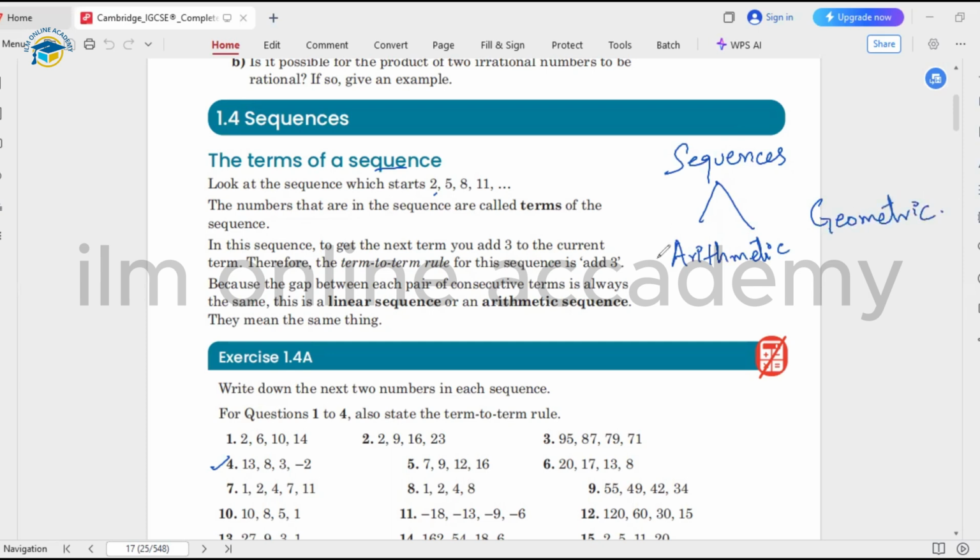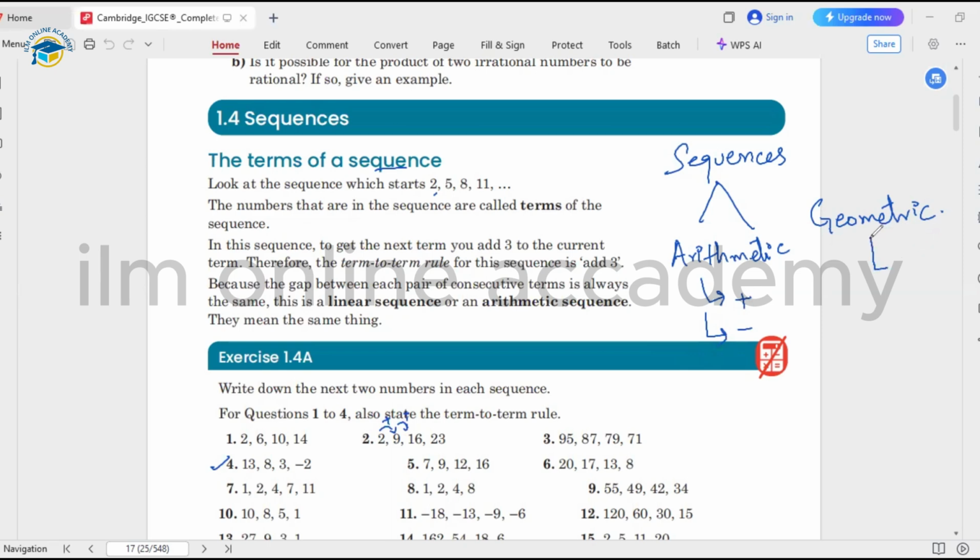The term arithmetic sequence is related to the addition and subtraction of numbers. So in an arithmetic sequence, you are going to add or subtract a common number each time. Like there will be a similar number that you add again and again or subtract again and again to get the next term. That is called the arithmetic sequence.